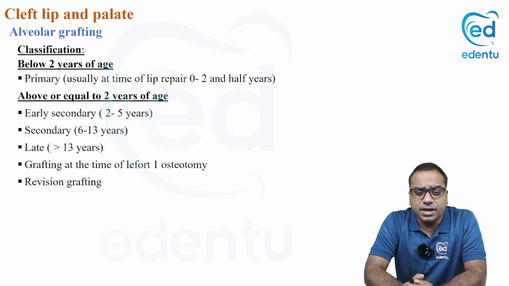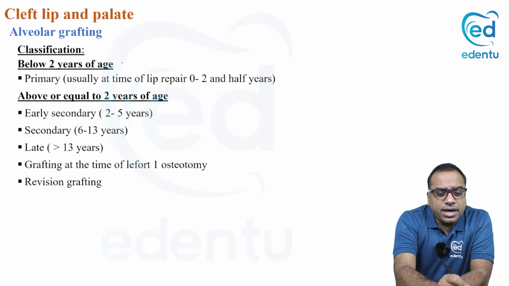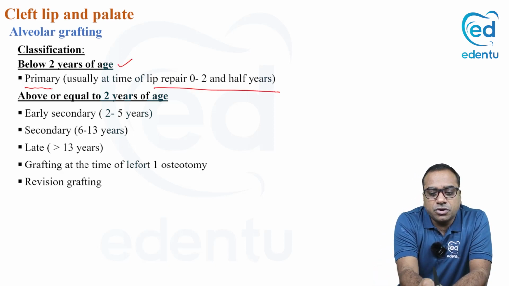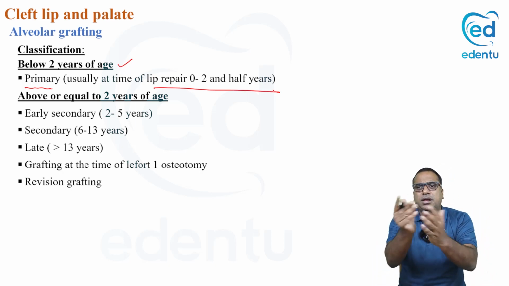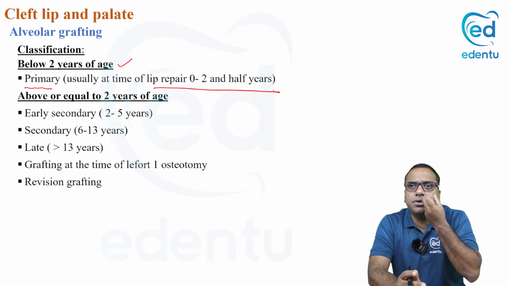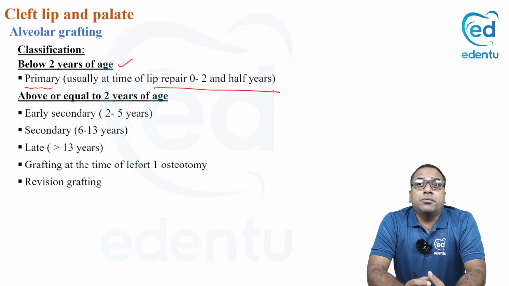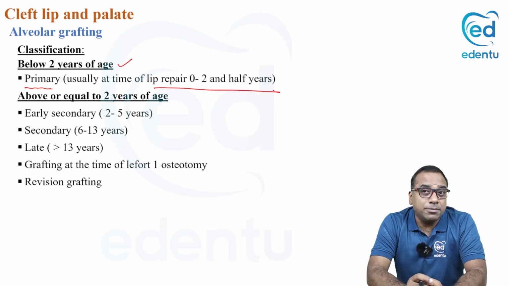So it's clear. Below the age of 2 years, it is called primary alveolar grafting. So at 0 to 2 years, or any time before 2 years, if you're trying to put a bone over there, you're trying to create a bone, that is graft materials you are putting, that is called primary.